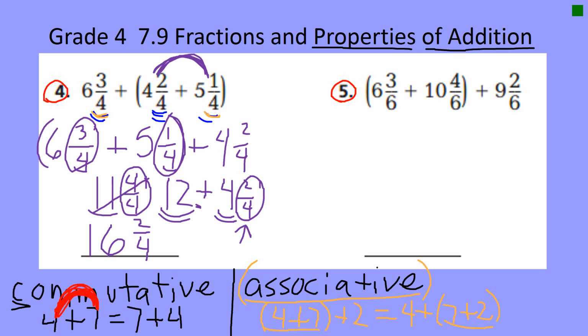Let's do it again over here with number 5, okay? Now, you guys keep an eye out. What do you want to do here? 6 3/6 plus 10 4/6 plus 9 2/6. Okay, let's just look at the fractions. What looks wonderful here? Let's see. In the parentheses, they're telling us to do 3/6 plus 4/6 first.